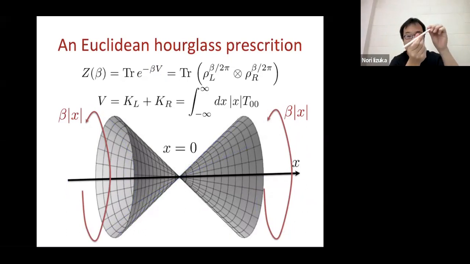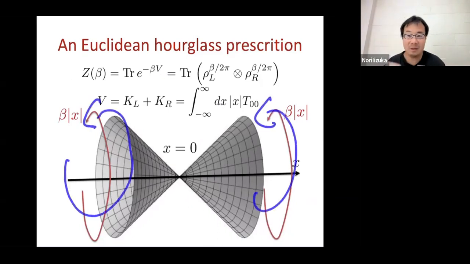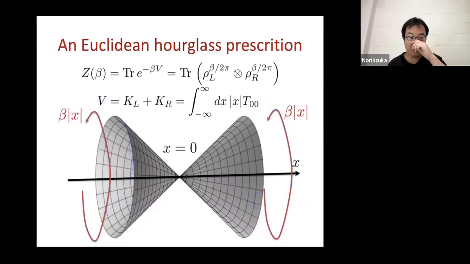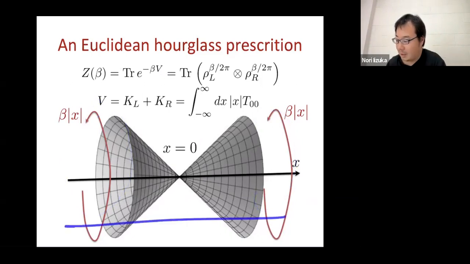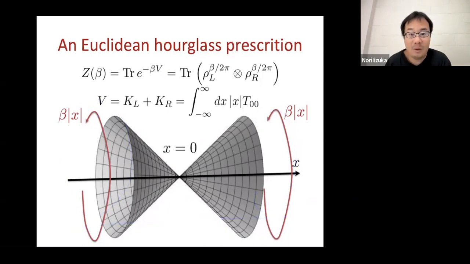In one direction it goes around the circle, but at the other, opposite endpoint, it goes the opposite way. But since we do V, they both go in the same direction. So that's the difference between K and V, and that's the cone geometry.